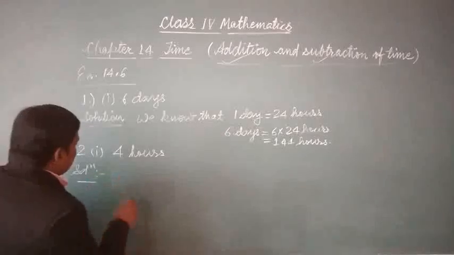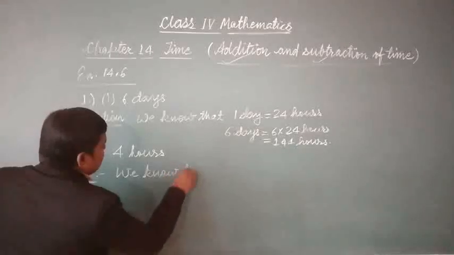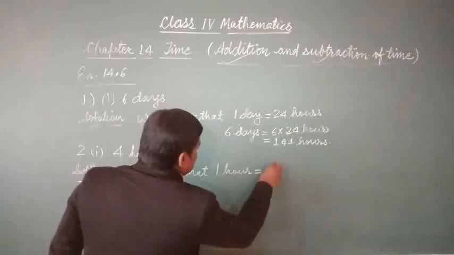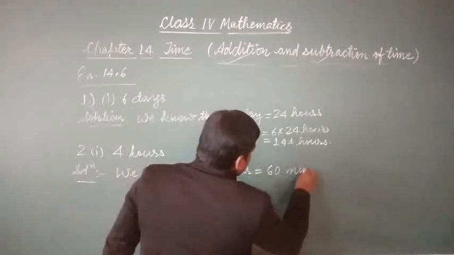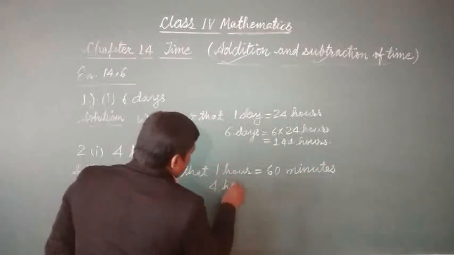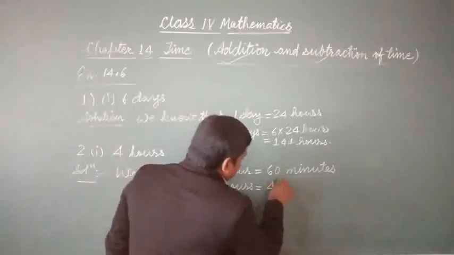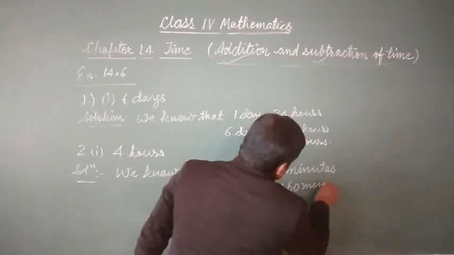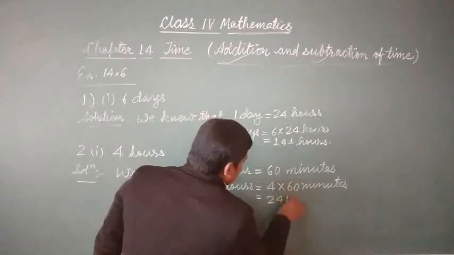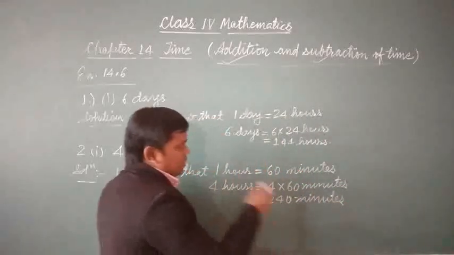We know that 1 hour is equal to 60 minutes. So 4 hours is equal to 4 into 60 minutes. When you multiply it, it is 240 minutes, this is the answer.